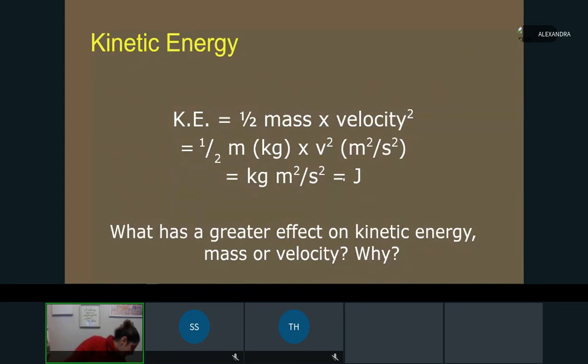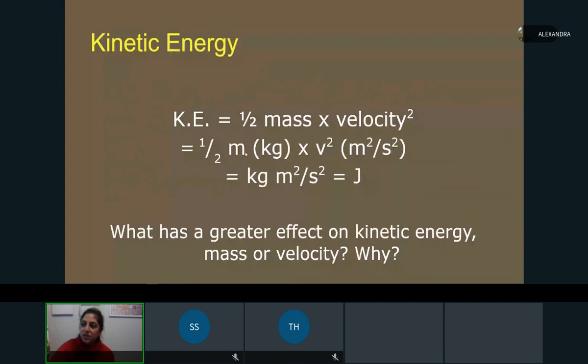That gives us our equation of 1/2 mass times velocity squared. It's really important that you always remember that this velocity is squared. And then we get these units, kilograms times meters squared over seconds squared, and that is equal to joules.